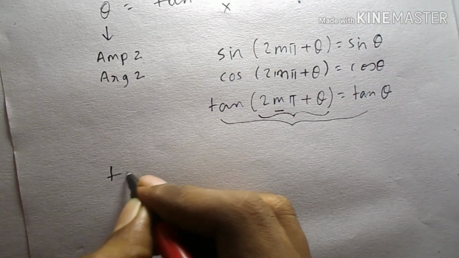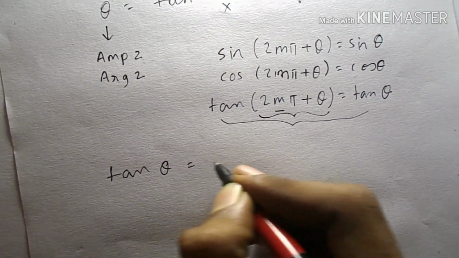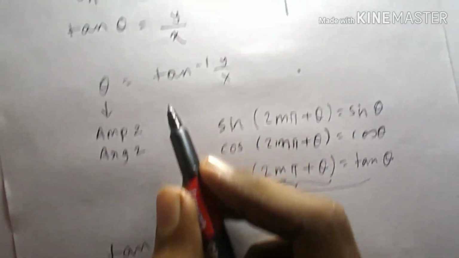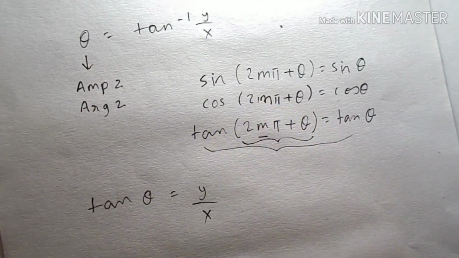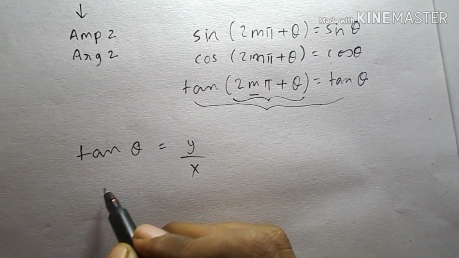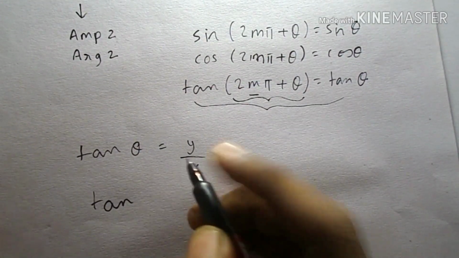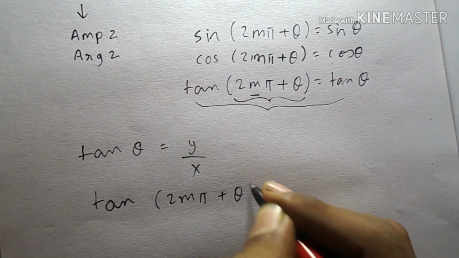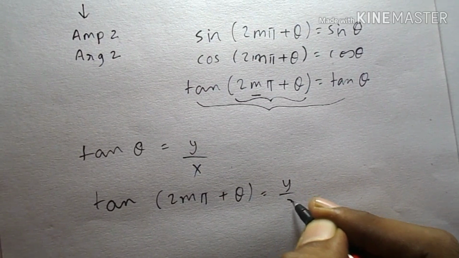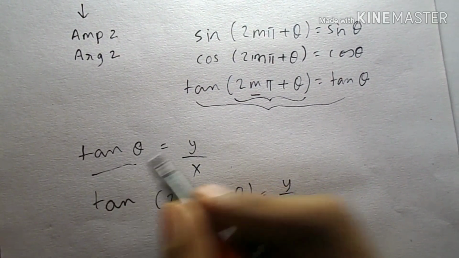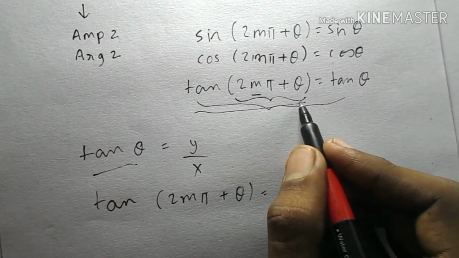Now we wrote tangent of theta is equal to y by x. We can also write that tangent of 2nπ plus theta is also equal to y by x, because tangent of theta is equal to y by x and tangent of theta equals tangent of 2nπ plus theta.